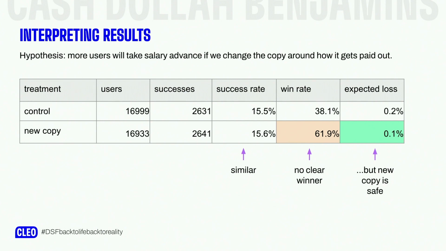The win rate, therefore, is not very extreme, but the expected loss, because of this large sample size, is also gone down to around 0.1%. So we would say, well, even though we're not really sure which of these variants is better, we still think that it's safe to go ahead with this new copy.